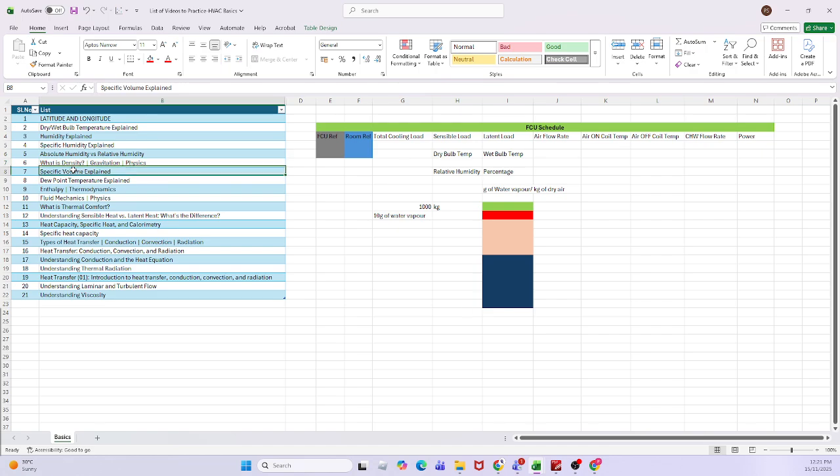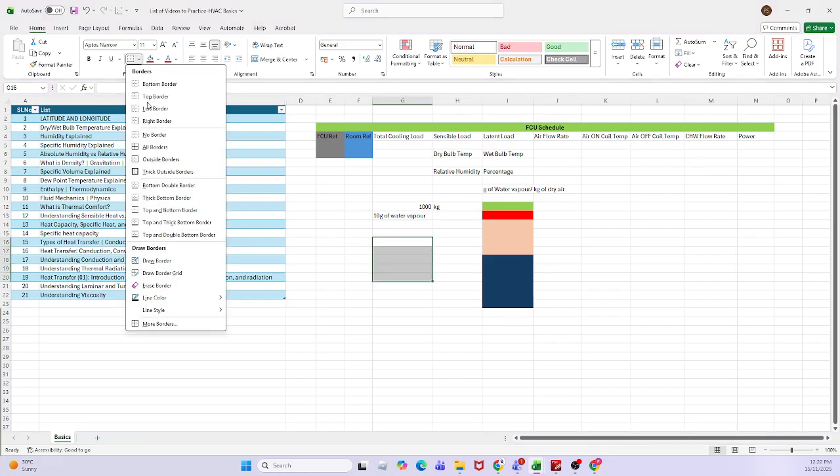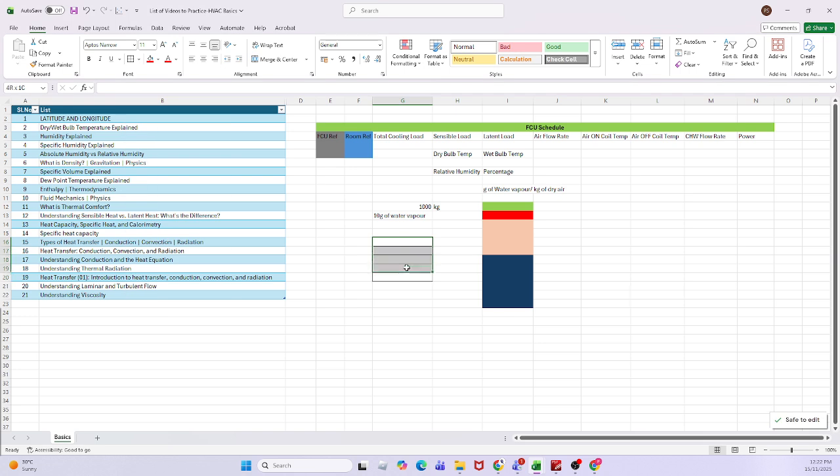Then, what does specific volume mean? It is the reverse of density. You will understand exactly what specific volume is. Volume is the amount of water in that space. What is the unit of density?